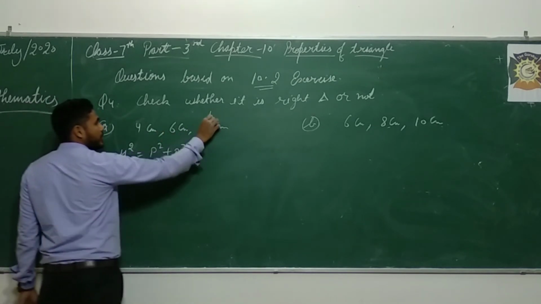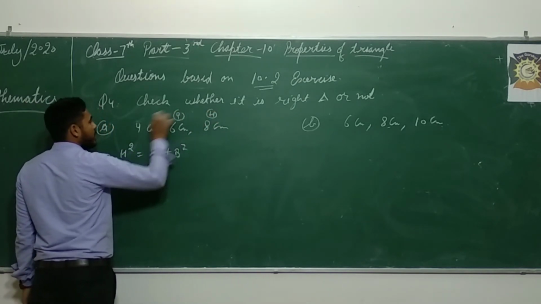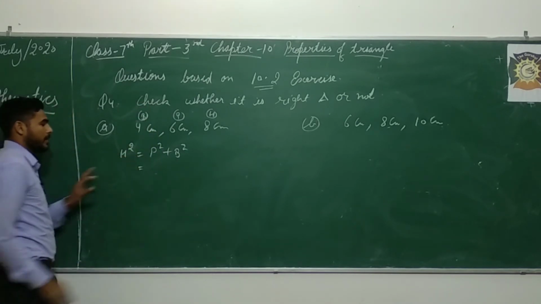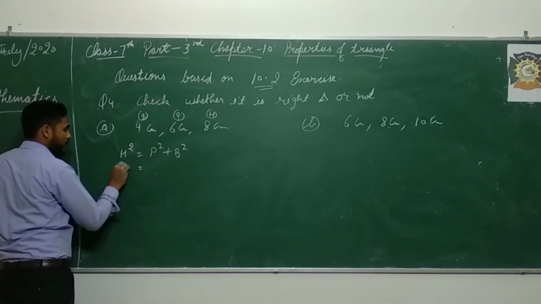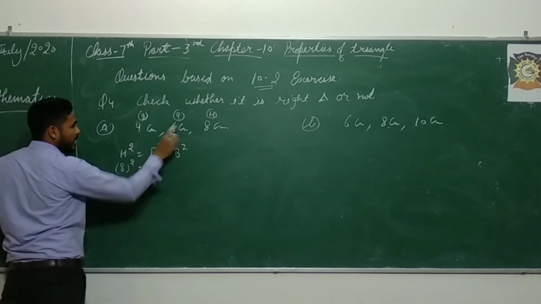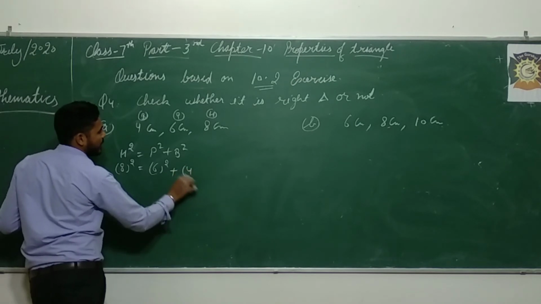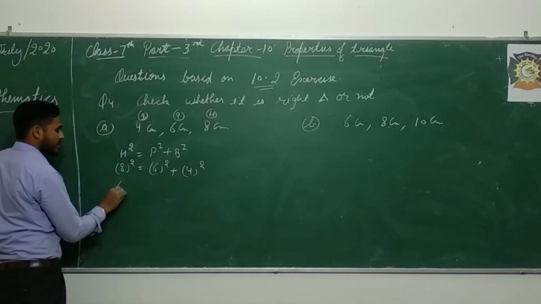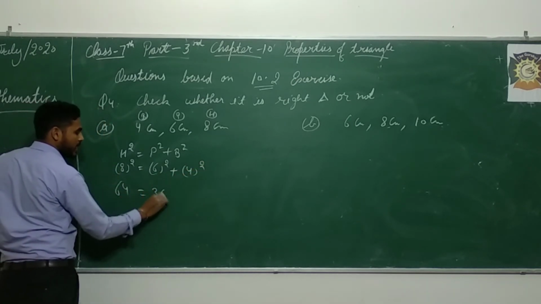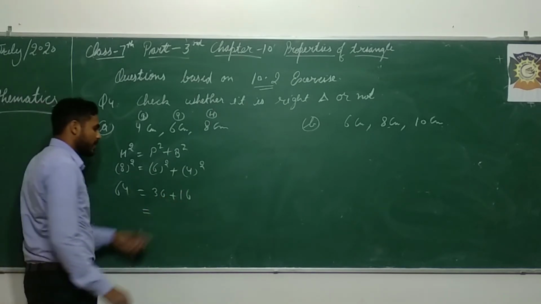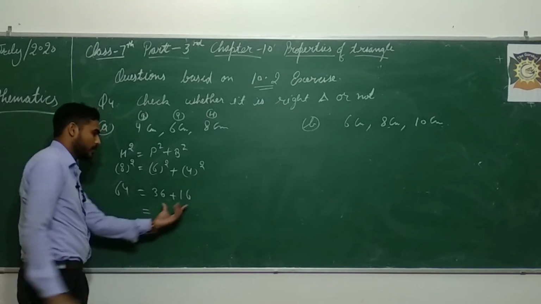Pythagoras theorem: H square is equal to P square plus B square. H is 8, so 8 square is 64. P is 6, so 36, plus B is 4, so 4 square is 16.